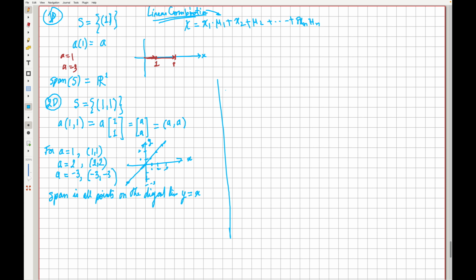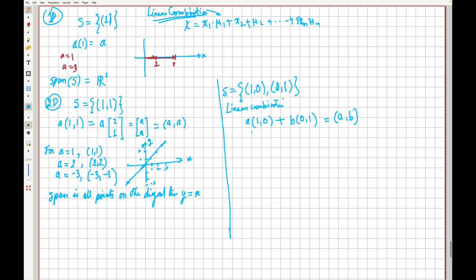Likewise, in 2D case we can have two basis vectors. So let's say the first one is 1 0 and the second vector is 0 1. Now with this set, let's try and create the linear combinations of this. We would say a times 1 0 plus b times 0 1, and that gets us the resultant vector (a, b).